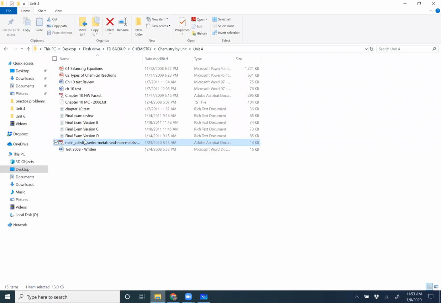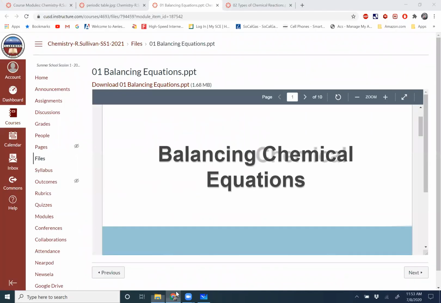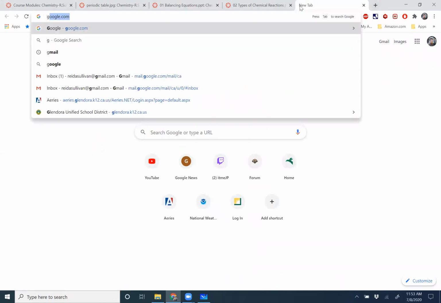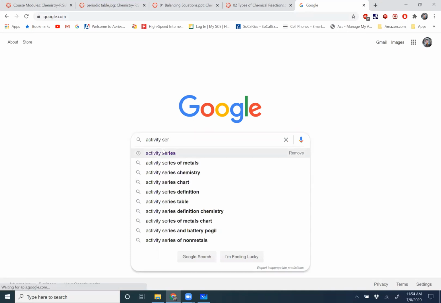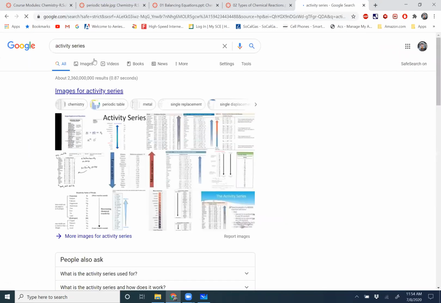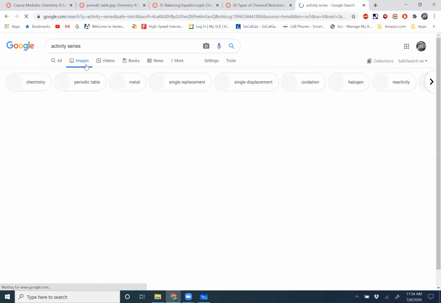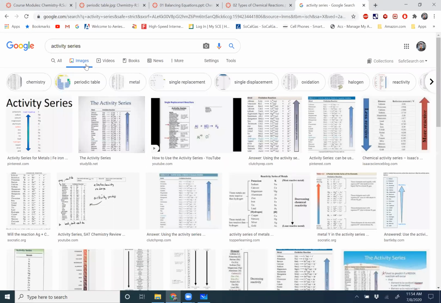And again, I'll put the activity series on the module. But you can also, if you're working on this and you don't want to print something out or have it, just type in activity series. And there's a billion activity series charts that show up on here.